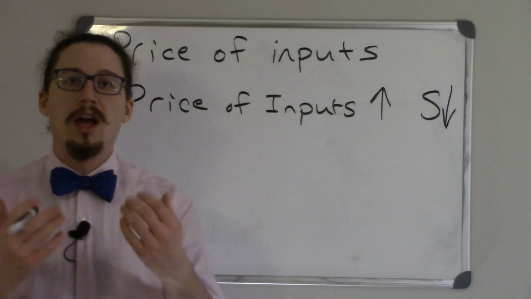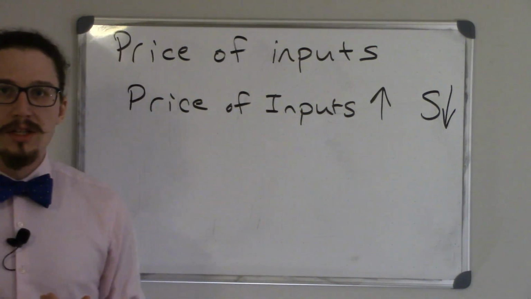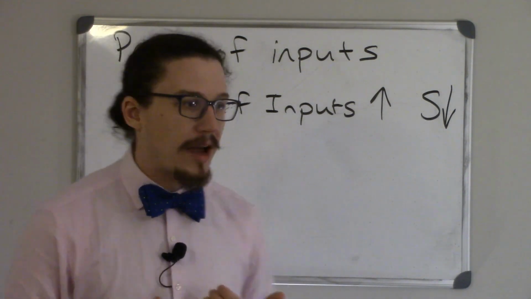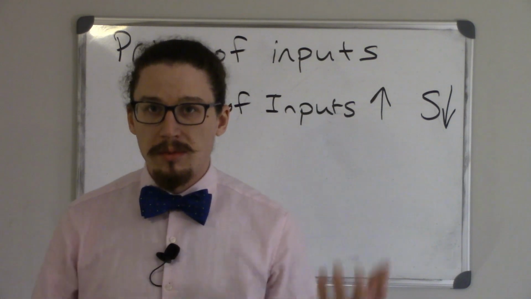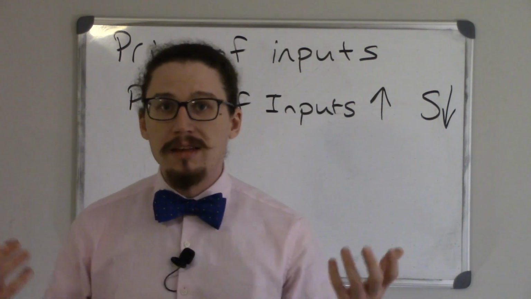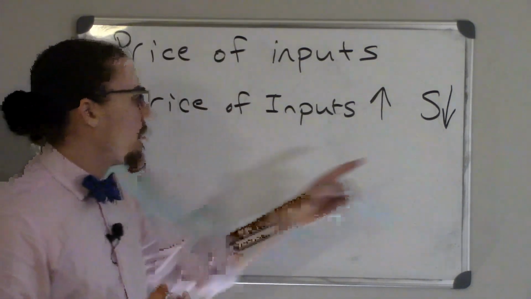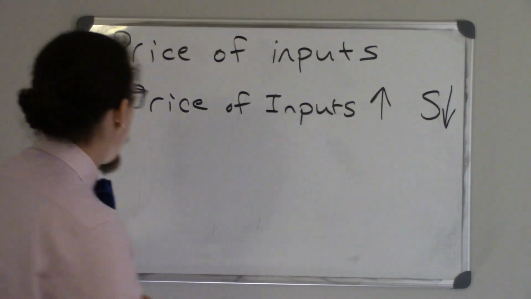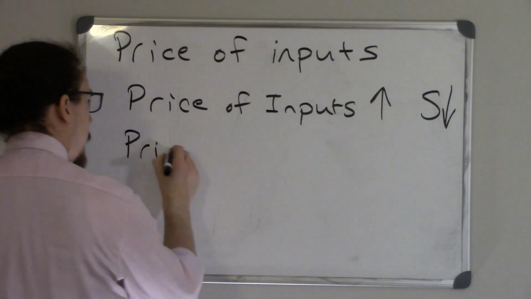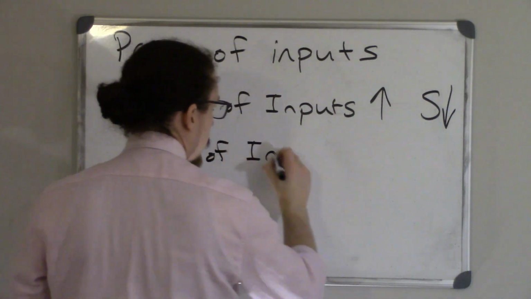That means that some producers are going to cut back production to get their costs down to match that. Some producers are just going to be unable to produce anything and break even or make a profit, so they're going to leave the market. And so we're going to see a decrease in supply.